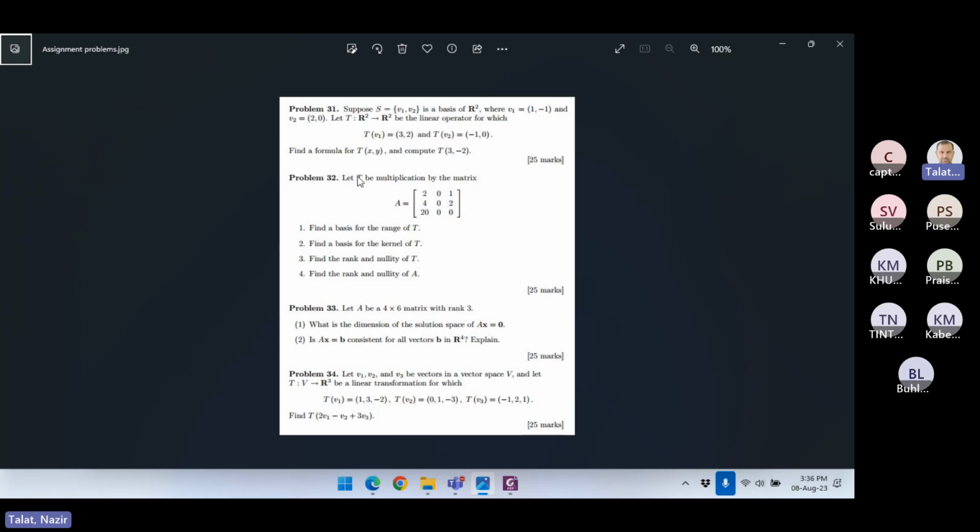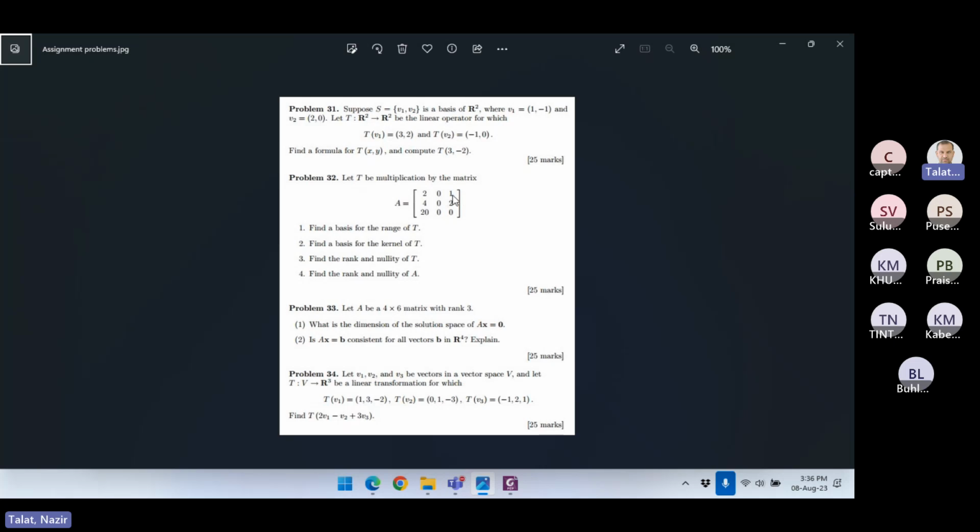And here T is the multiplication by matrix A. It means T of x, y, z is equal to A times x, y, z. Here you can just multiply with that one and get the values of that linear transformation.